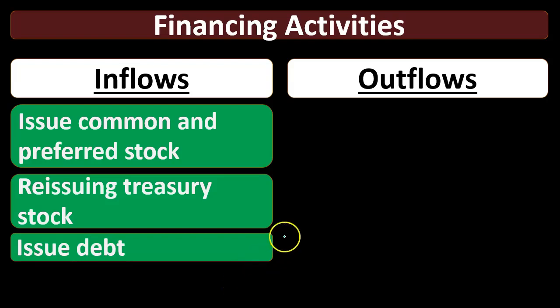Note that these types of entries, again, don't deal with anything on the income statement typically. When we have the inflow for the issuance of stock, for example, we would be debiting the cash, but not crediting income. We would be crediting common stock and or additional paid in capital. So there's no income statement account involved in that. So typically we would say, okay, it's not going to be operating, and therefore it needs to be something with investing or financing.